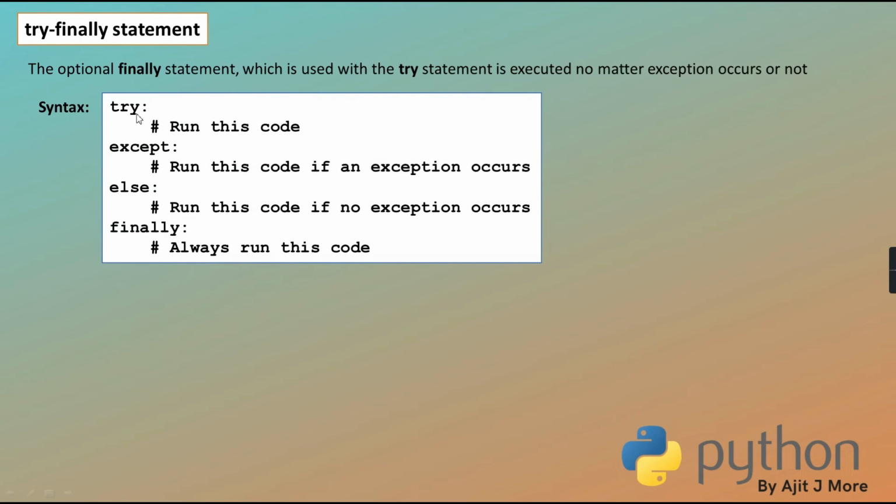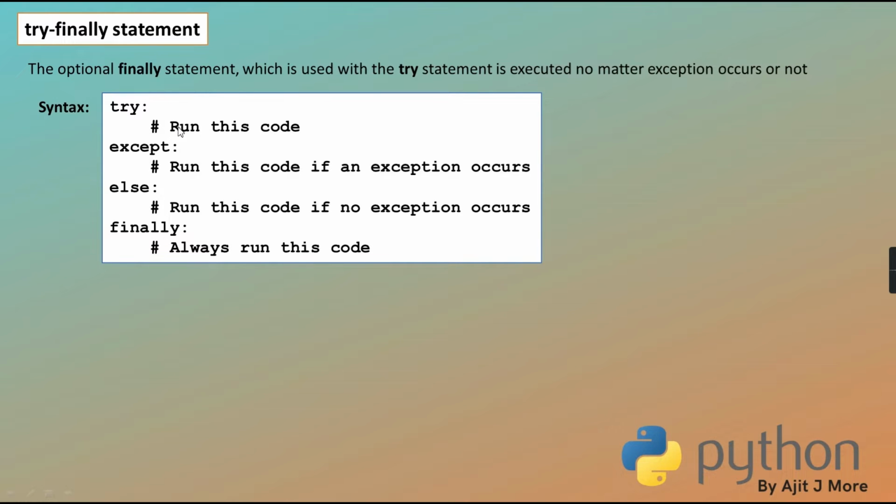So the general syntax is like this: try, the code on which you want to keep a watch or monitoring. If it causes any problem, we want to keep a watch on that code. Except, the code which is run if there is a problem. So run this code if an exception occurs.